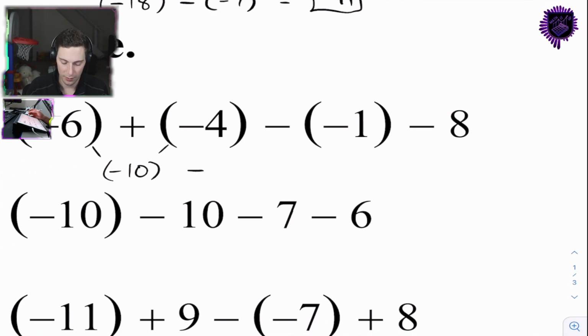Minus negative 1 is going to equal negative 9, and then minus 8. Oh, geez. I'm just out of space here.